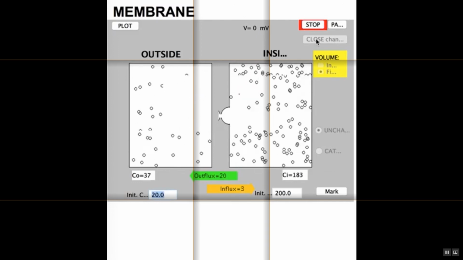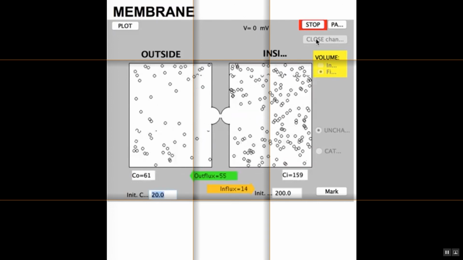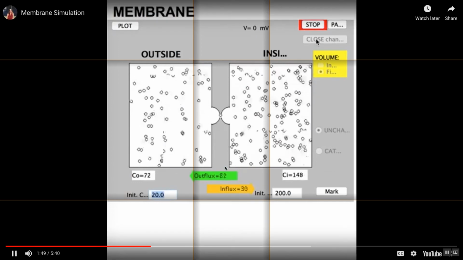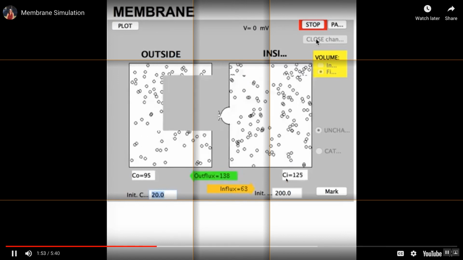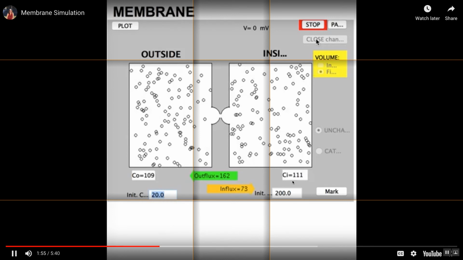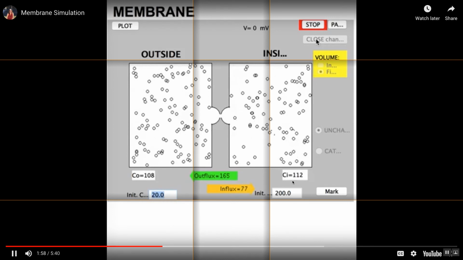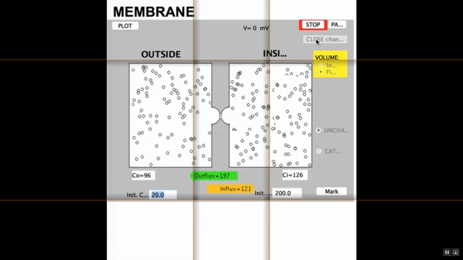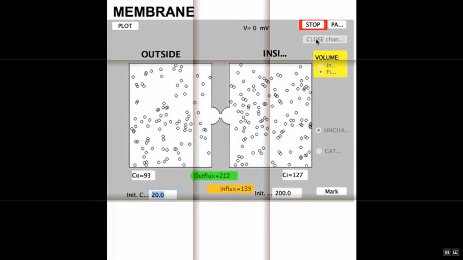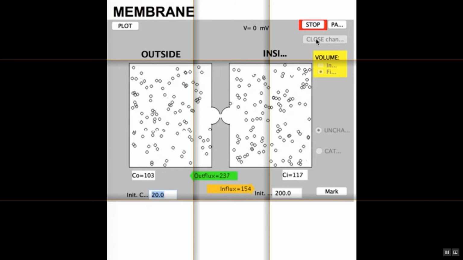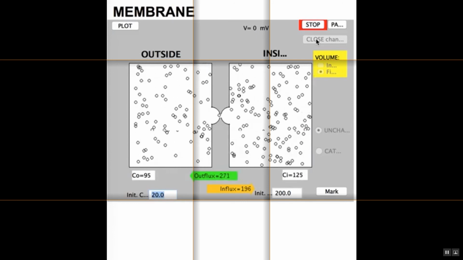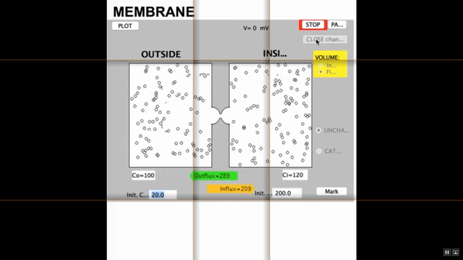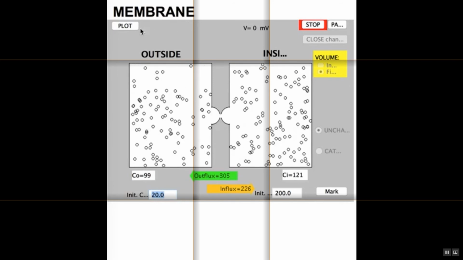Okay, so now you can see the channel's open. You can actually see the outflux and the influx. You can see the concentrations are changing, right? Until you get about the same concentration on both sides, and you can say, okay, I've reached diffusional equilibrium. So this is uncharged particles. Pretty good? All right, so you can actually plot this. Just click on plot.